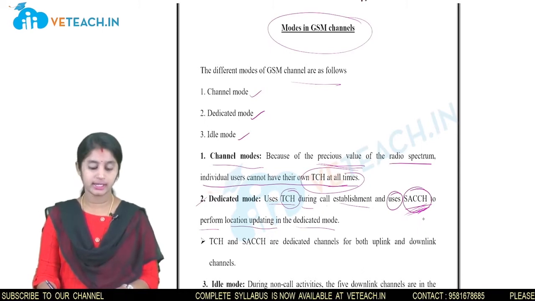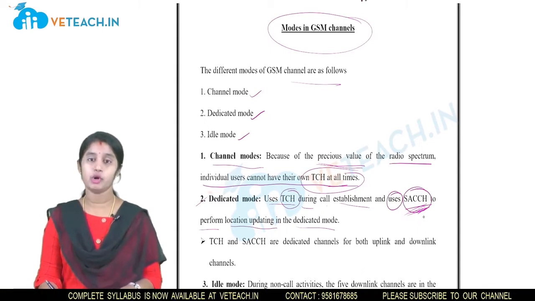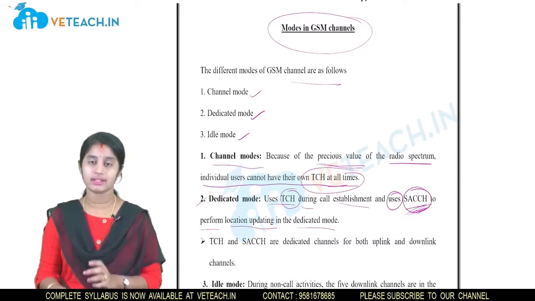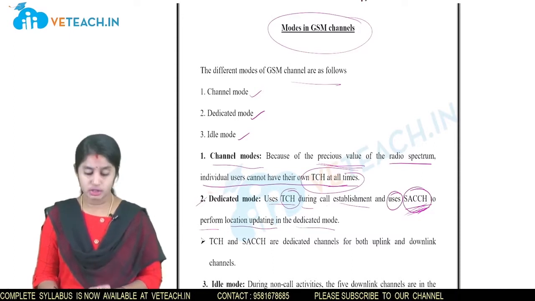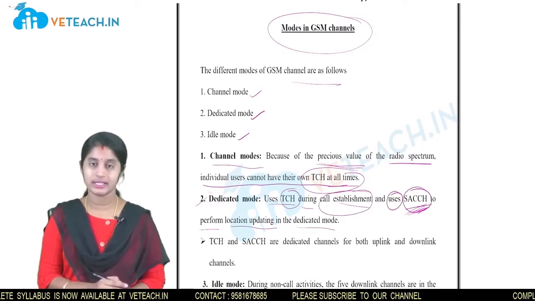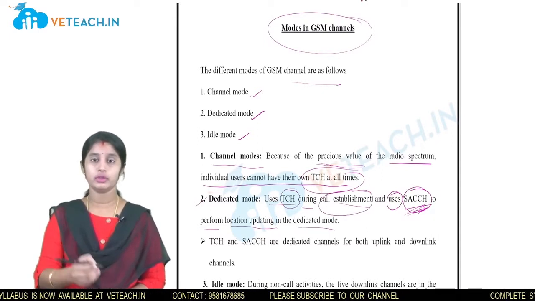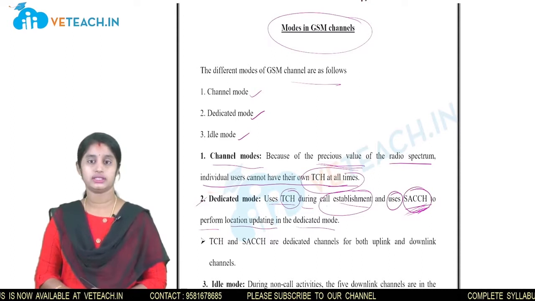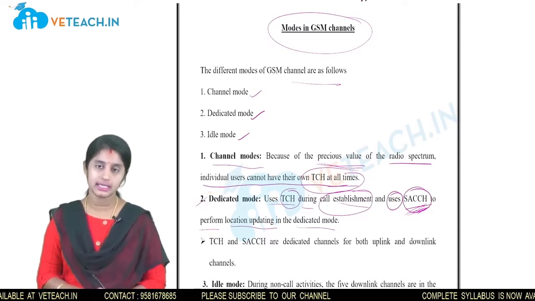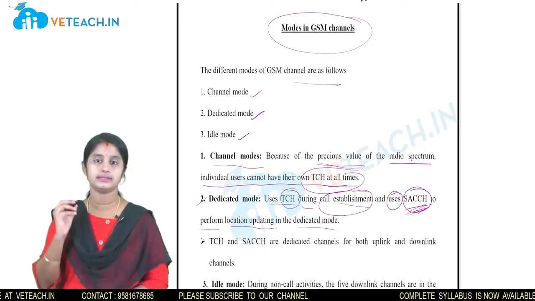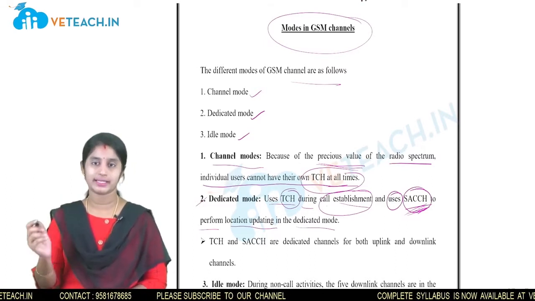Clear? So the dedicated mode uses the transmission channel mainly for the establishment of a call. What is the process of call establishment? Whenever a user is ready to initiate a call, that user needs to send a request to the person who is to accept the call.